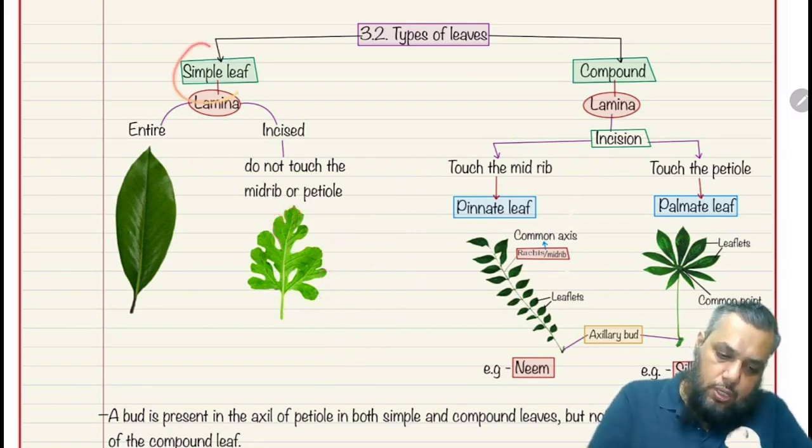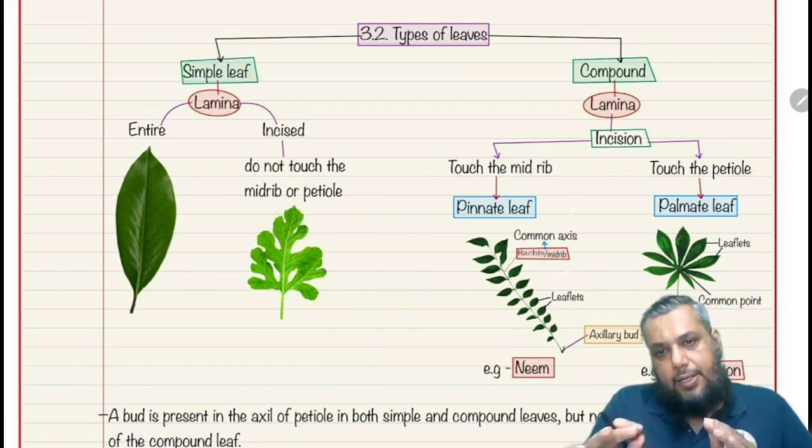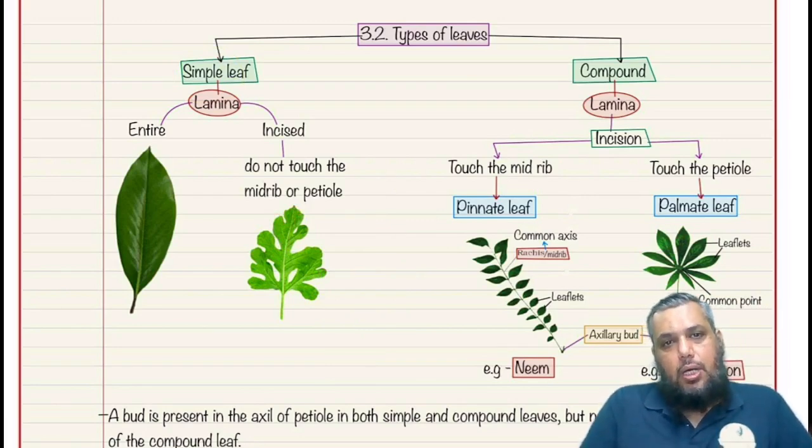So such a leaf is called a simple leaf. So a simple leaf has an entire lamina, and it can be incised also, but the incisions do not reach the midrib.